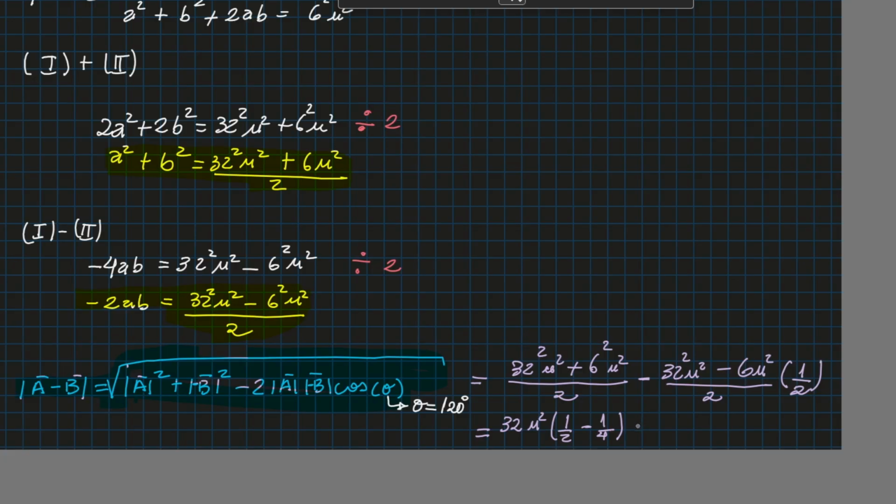Okay, now minus minus plus 6 squared units squared, 1/2 minus 1/4. So this is plus here. So the result here will be, let's calculate this result.